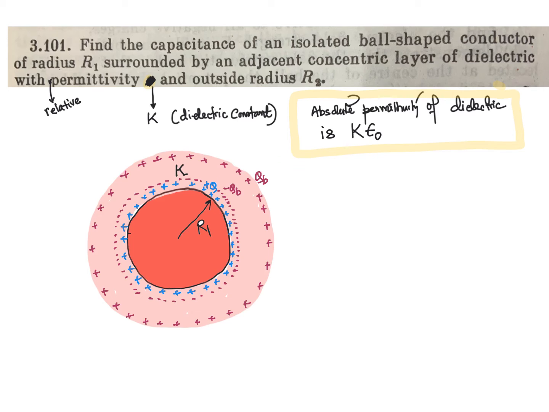Capacitor means this plus Q should have a minus Q pair. So where is this minus Q pair? If it is isolated, this minus Q pair is at infinity.